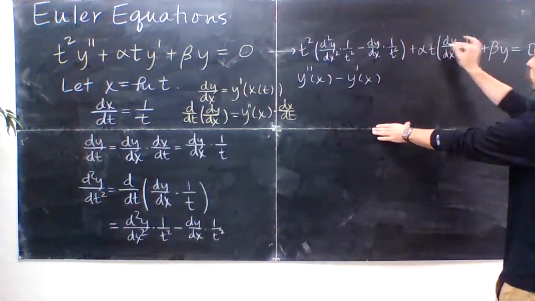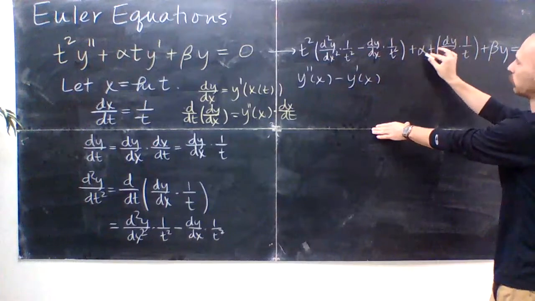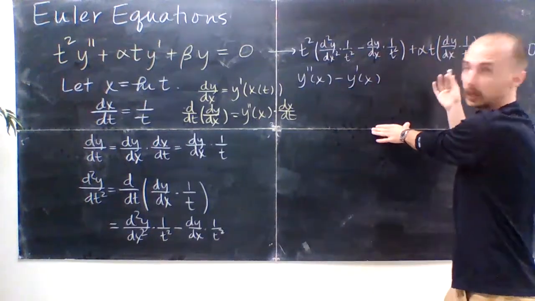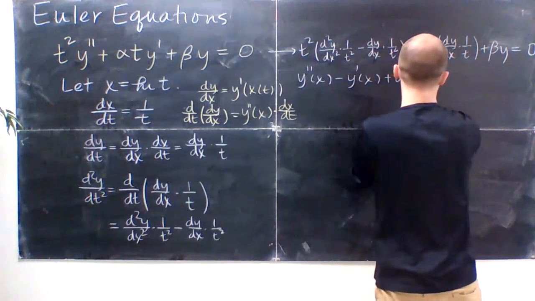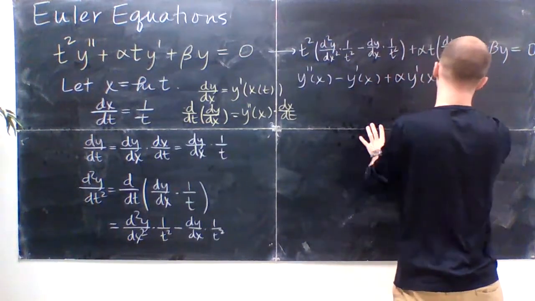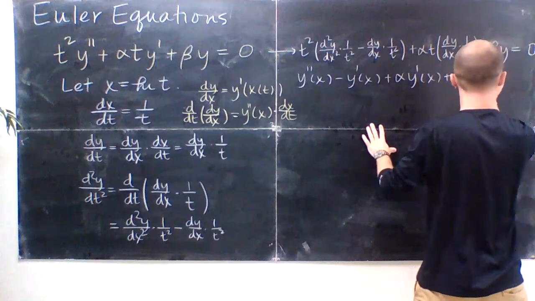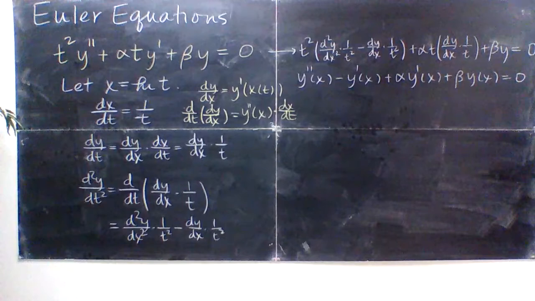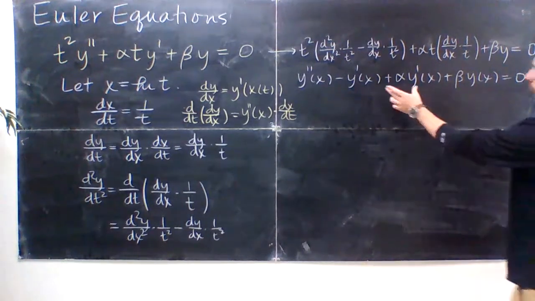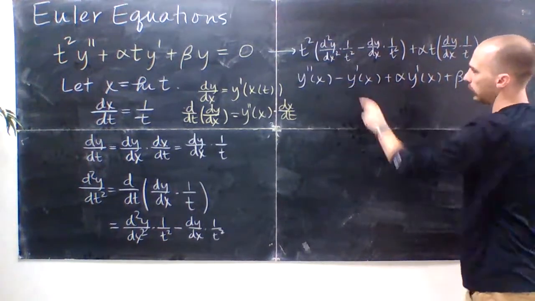Here the t divided by t is going to cancel, and I'm going to have plus alpha y prime of x plus beta times y of x equaling 0. Now if I combine this, I'll just have alpha minus 1 here.